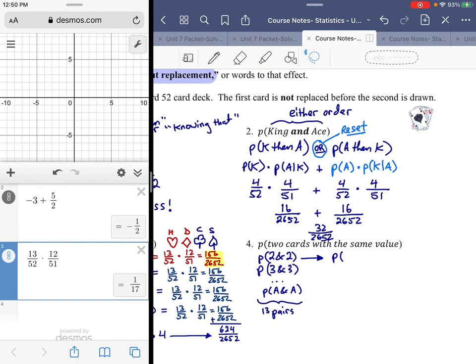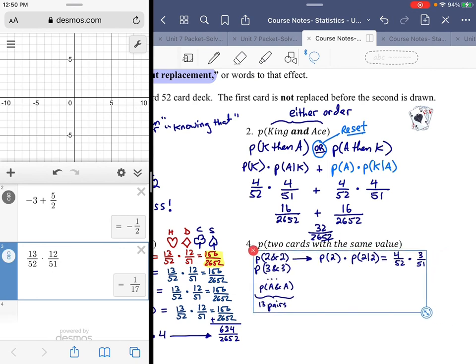So I would look for the probability of getting a 2, multiplied by the probability of getting a 2, knowing that the first card was a 2. There's 4 cards in a deck that are 2s out of 52 overall. If I select one at random, turns out I got a 2. Yay. There's only 3 left. And there's only 51 cards left overall. So that's going to give me a result of 12 over 2652.